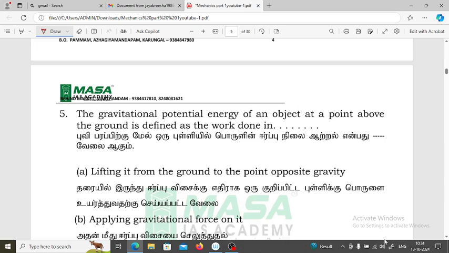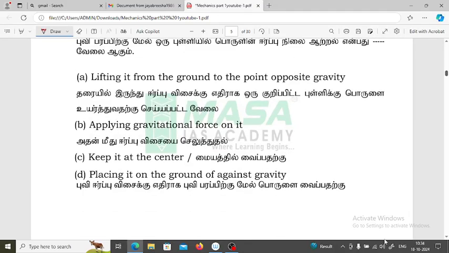So the gravitational potential energy is the work done to lift it from the ground to a point opposite to gravity. ஏதாவது ஒரு பொருளை நம்ம lift பண்றோம் opposing the gravitational force, then that work done is stored as potential energy.